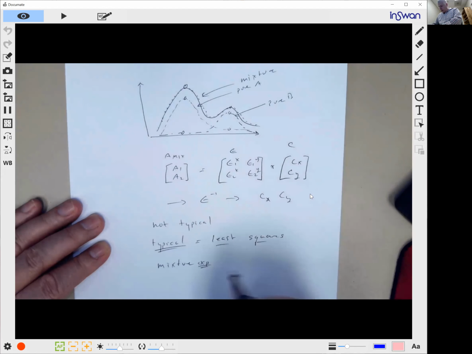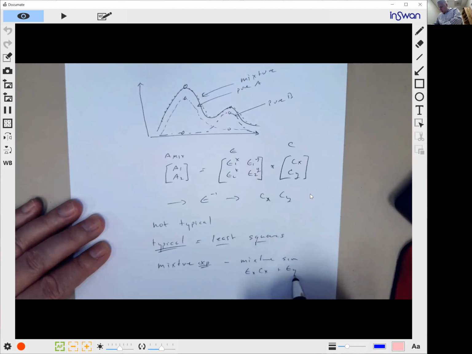And then you're going to have a spectrum that you simulate. The simulated mixture is just going to be equal to epsilon x cx plus epsilon y cy, and this will be compared to the absorbance that you measured.